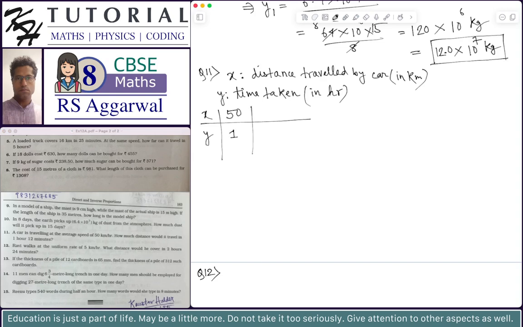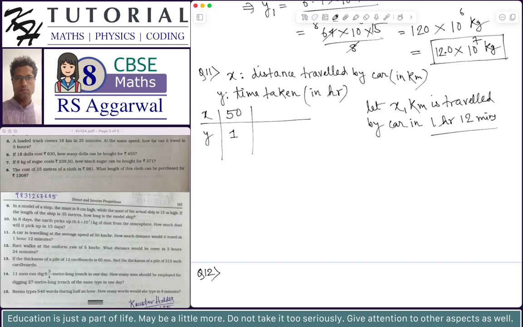Now it is asking how much distance would it travel in 1 hour 12 minutes. So we are assuming x1 kilometer is traveled by car in 1 hour 12 minutes.